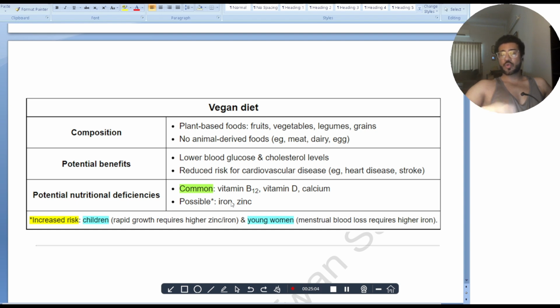So the questions usually come up as they'll explain that the person is vegan, and then they might give you one of these vitamins and ask you which one might be deficient in this case of a person who is a vegan, such as vitamin D, calcium, B12.